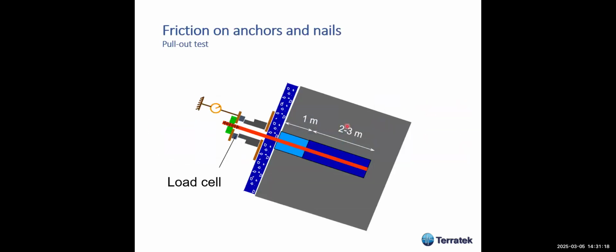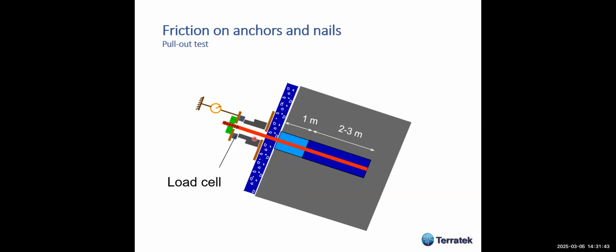And let's talk a little bit about friction on anchors and nails, and how we can get this information in order to design the bonded length of a nail or ground anchor. Here's the typical setup to test for friction.